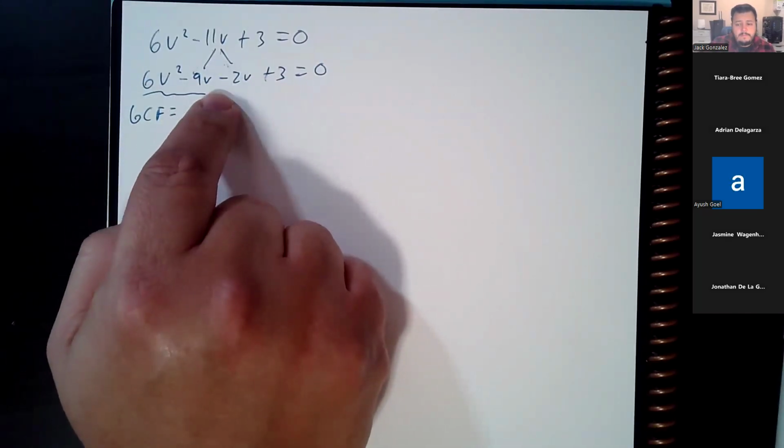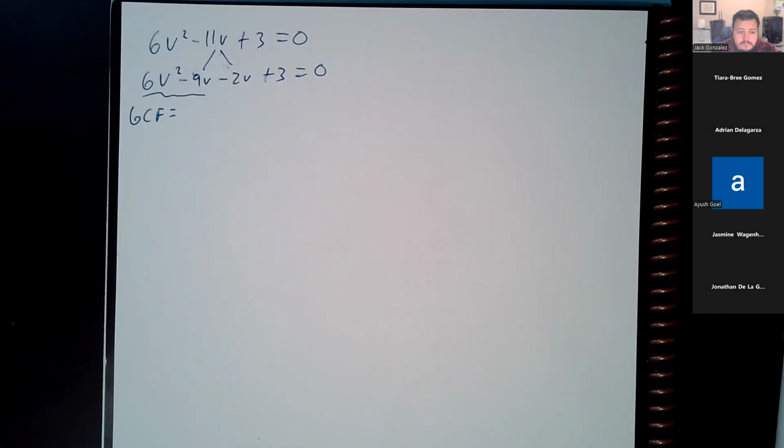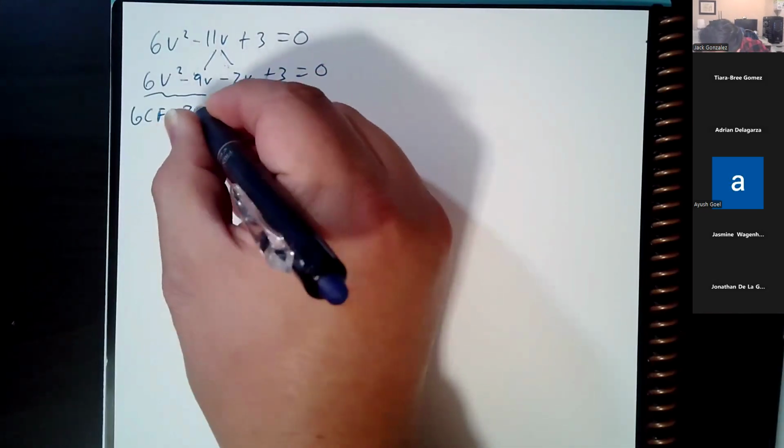3 is correct. But other than the number, what else do they have in common? Yeah, the v, right? They both have a v and they both have a 3 in common.